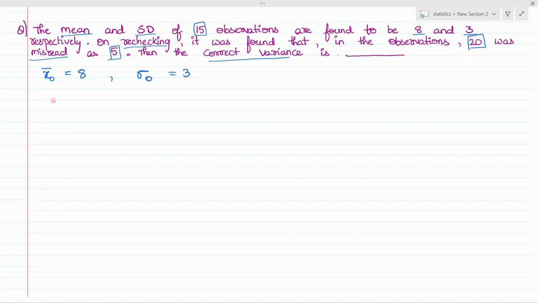So basically, according to the mean formula, it is sigma xi upon total number of observations, that is 15, equal to 8. From here, we can write sigma xi as 15 into 8.